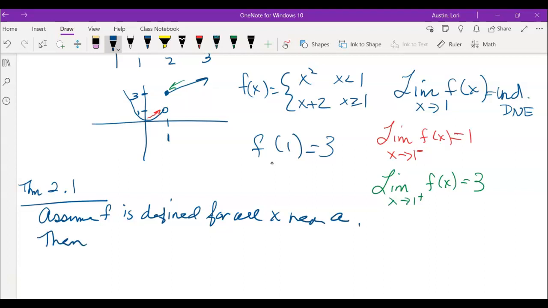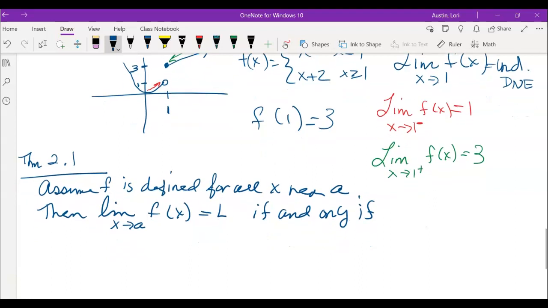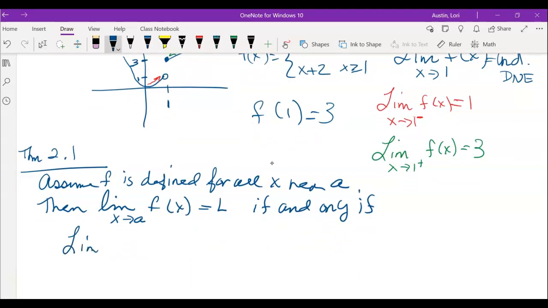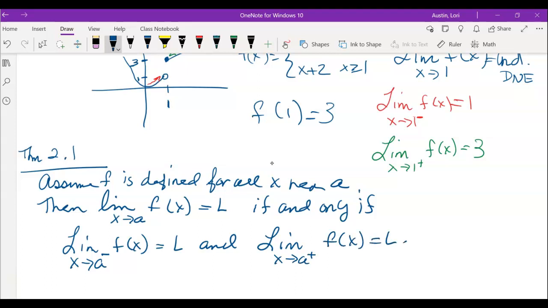Then the limit as x approaches a of f of x equals L if and only if, that's a biggie, the limit as x approaches a from the left of f of x equals L, and the limit as x approaches a from the right equals L. That's your first big theorem.